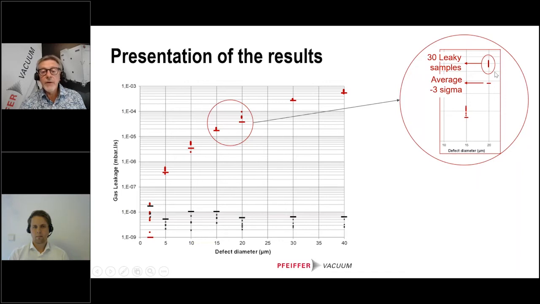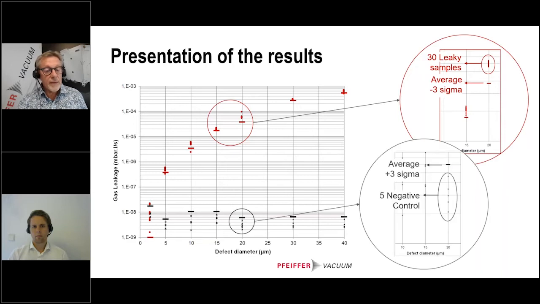And the red line below corresponds to the average value of these 30 measurements of leaky samples minus 3 sigma. And we have the same for the lower part of the graph, which corresponds to the dark crosses with a dark line here.